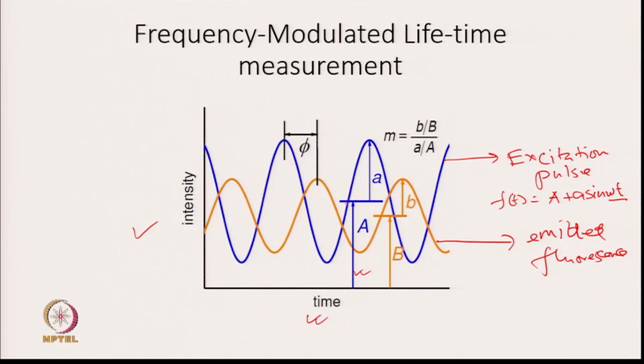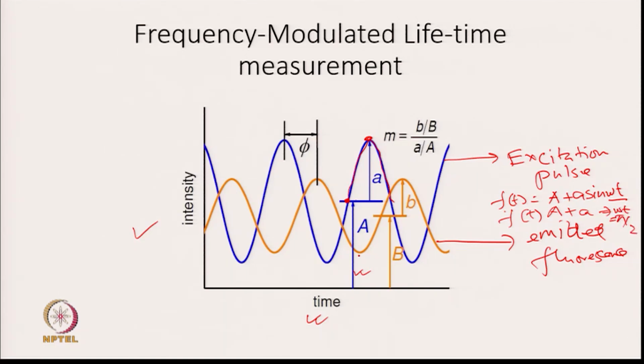Any wave starts from this point, am I right? The wave goes like this, then comes back and then goes like this. So, when omega t is equal to 0, you have F t is equal to A. Now, when omega t is equal to pi by 2, F t will be A plus a, and that is what you can see here.